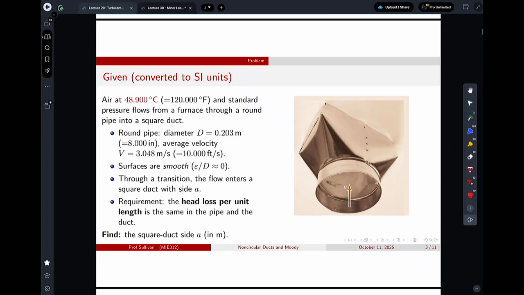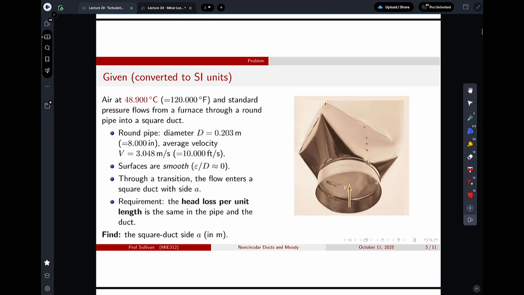So here's one where the problem is given in English units. So you'll get a combination of numbers in this.